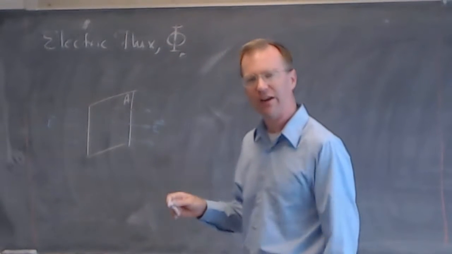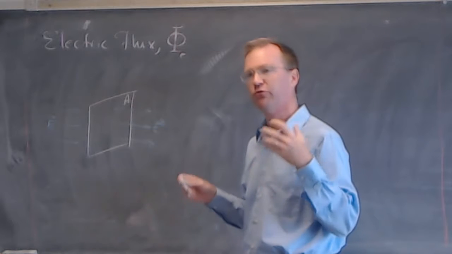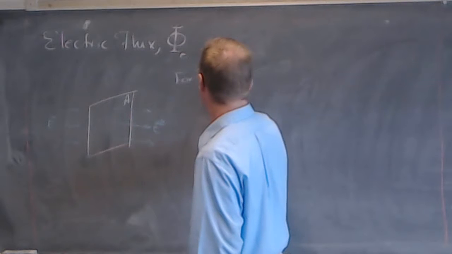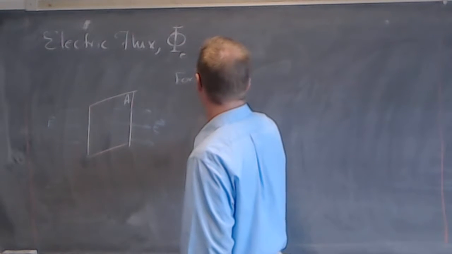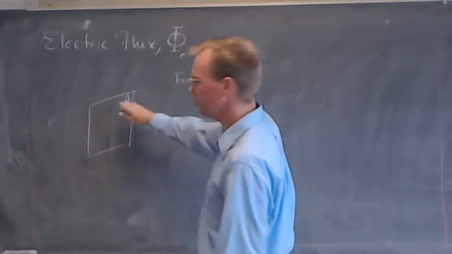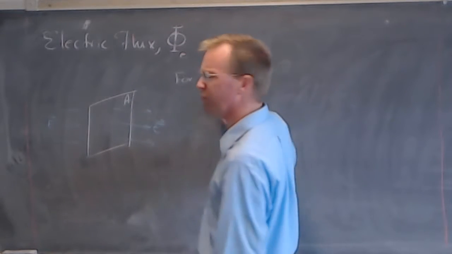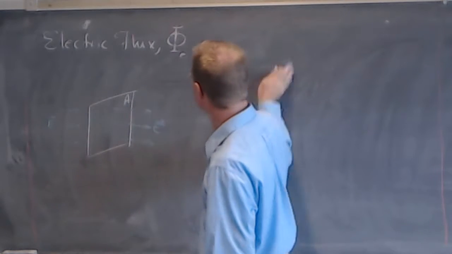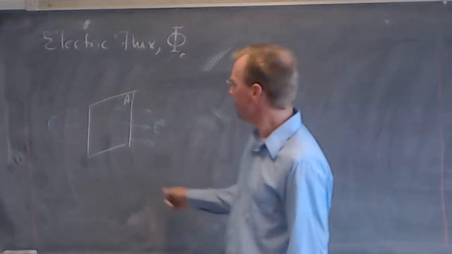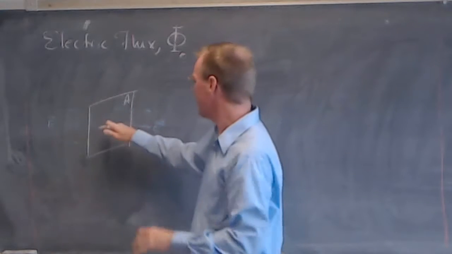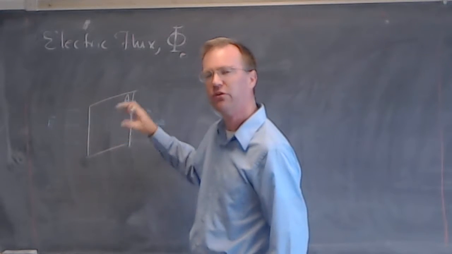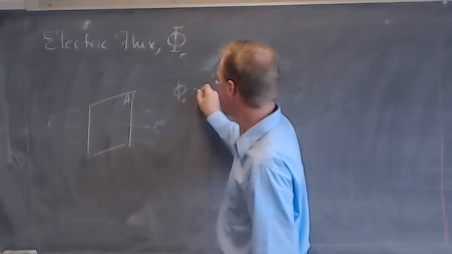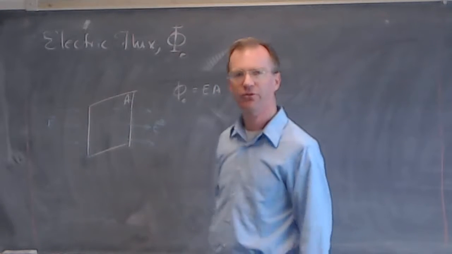The flux in this case, in this very simple, specific case, for an area where the surface is perpendicular to a constant uniform electric field, the flux would be equal to the electric field times the area.